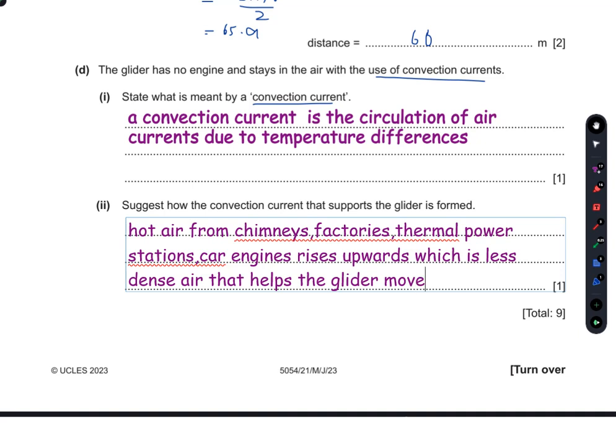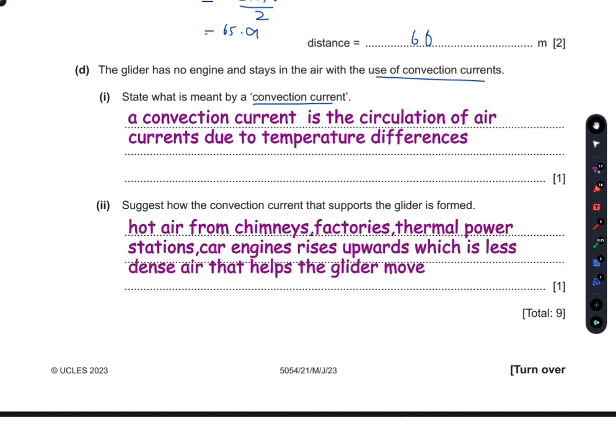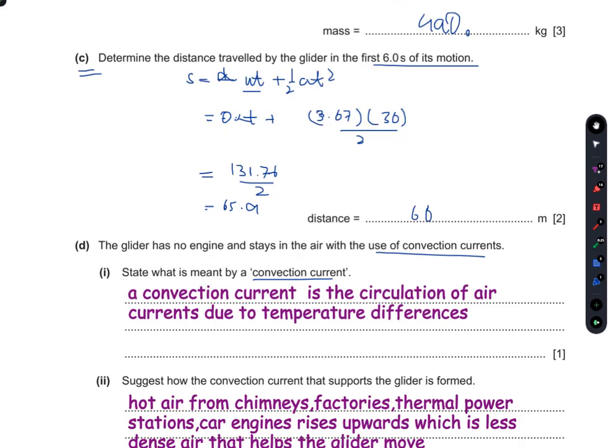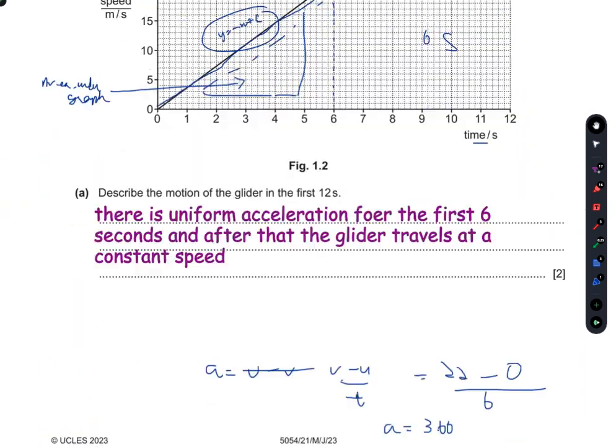So that's your answer. Hot air from the chimneys, the factories, the thermal power stations, the car engines, or any object which is emitting hot air, rises upwards. It is less dense, and that's why a convection current is formed that helps the glider move. So that's your answer to question number one.